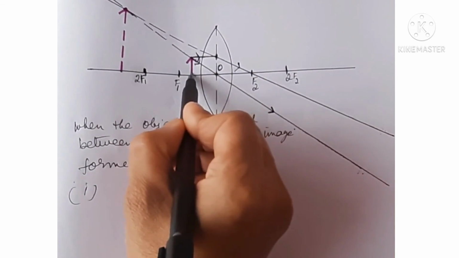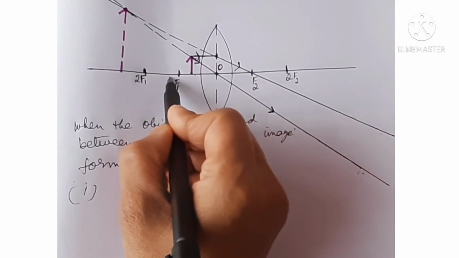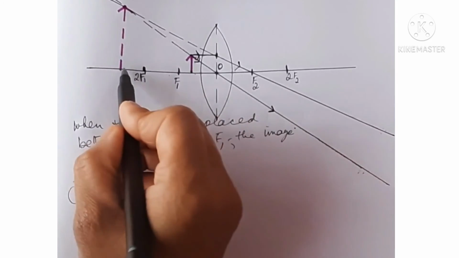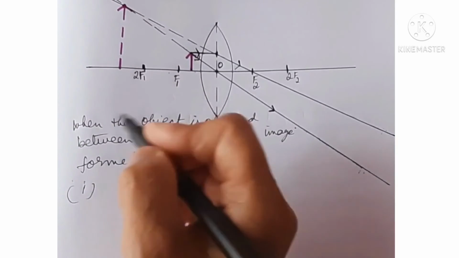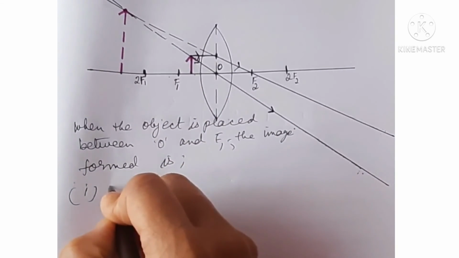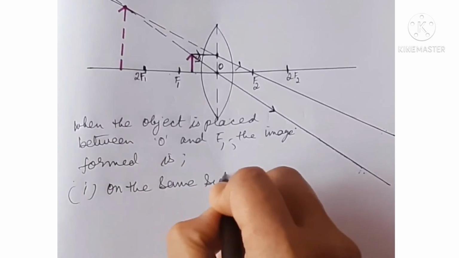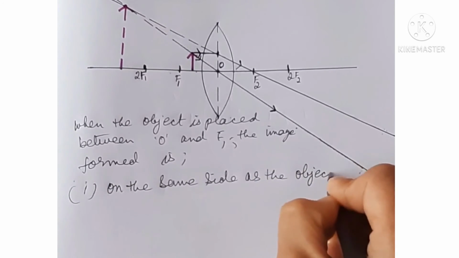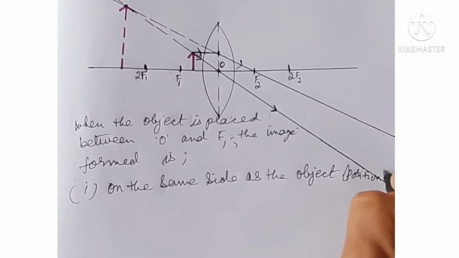The object is on the left side of the optical center. The image also is formed on the left side of the optical center. So we say the image is formed on the same side as the object. So this gives you the position.